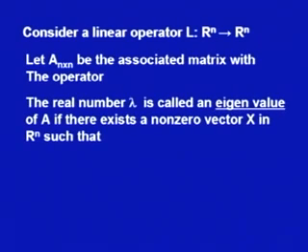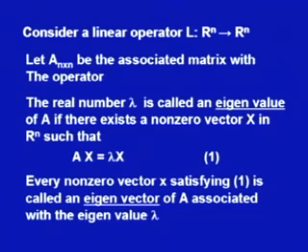Then the real number lambda is called an eigenvalue of the matrix A if there exists a non-zero vector x in this Rn such that Ax is equal to lambda x. So, every non-zero vector x satisfying this equation Ax is equal to lambda x is called an eigenvector of A associated with the eigenvalue lambda.